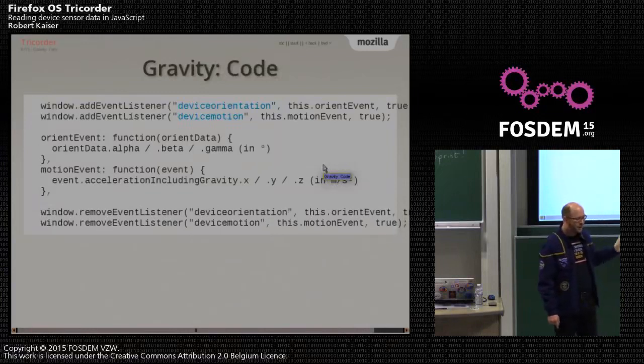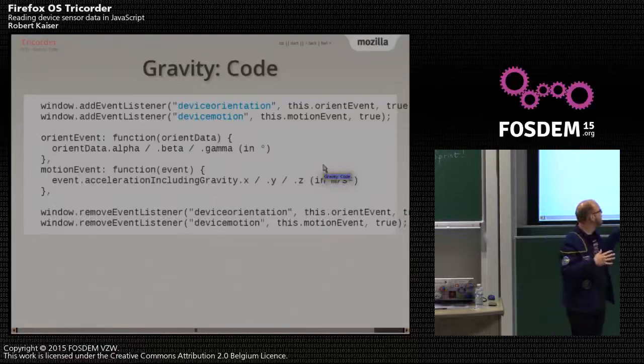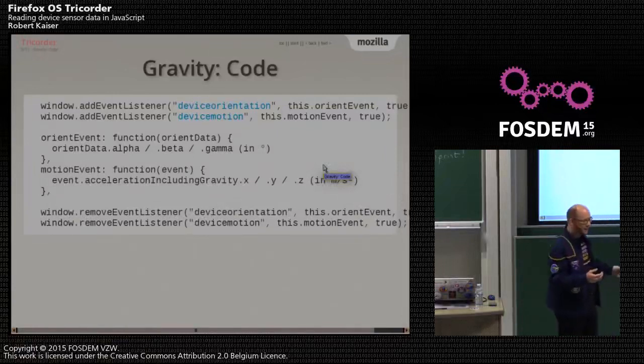The acceleration one only works if you have a gyroscope, so that the phone actually knows how to subtract the Earth's gravity from the value that it's measuring. So the acceleration including gravity is the one that always works. And for a tricorder, if you go to a foreign planet, you want to know what the gravity of this planet is. So it sounds fun to have that included in this case anyhow.